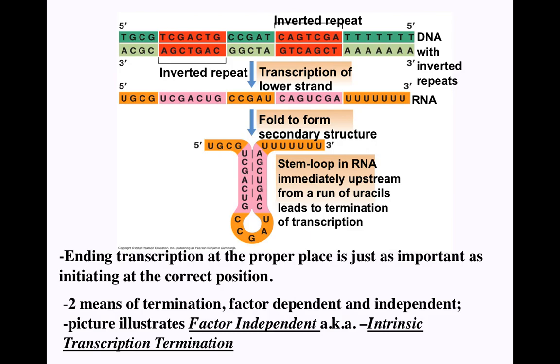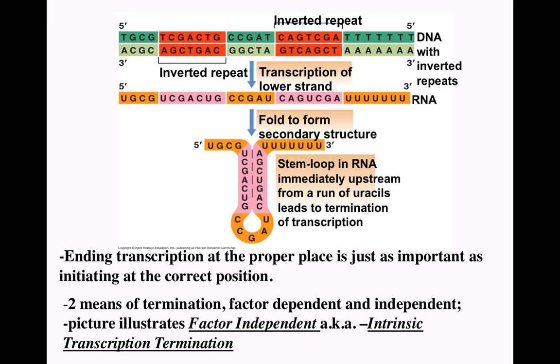Uracil substitutes for thymine. So you get this very stable stem with base pairing between these complementary ribonucleotides, and you have this loop structure here. And then it's followed by a polyuracil tract, the RNA equivalent of the poly-T tract. This stem loop structure, when it's followed by a polyuracil tract, is a signal to bacterial RNA polymerase to halt, to dissociate, and to fall off.